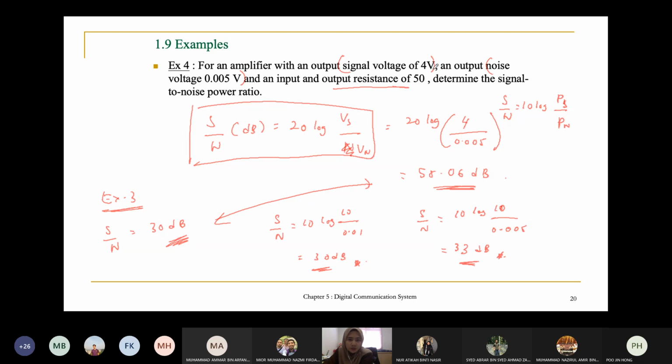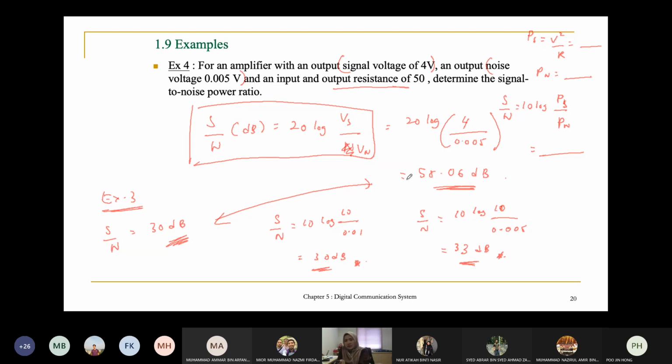So dekat sini kenapa dia bagi resistance? Sebab kalau awak tak ingat this formula, awak boleh calculate manually. So Ps is equals to V squared over R. Your R is 50, so akan dapat Ps. Pn pun awak boleh dapat. So you can use 10 log Ps over Pn and you should get the same answer.